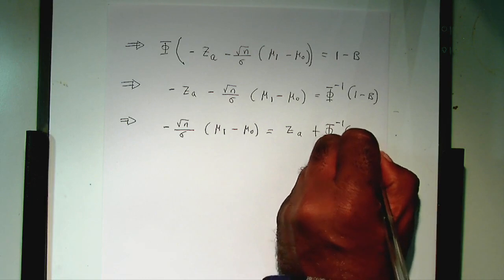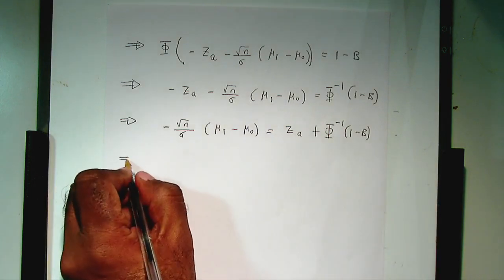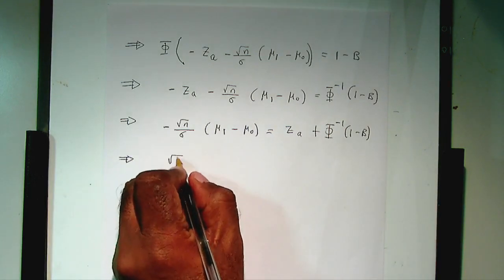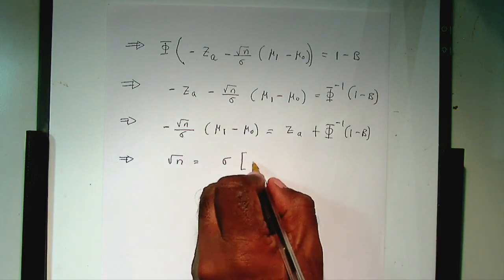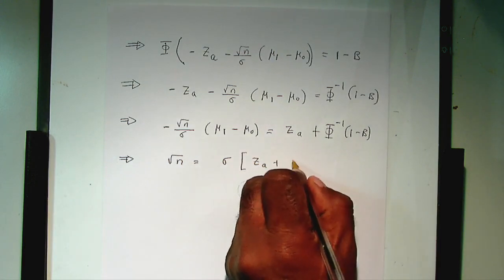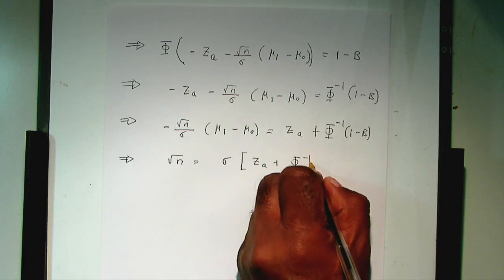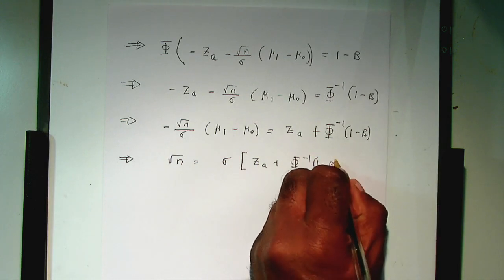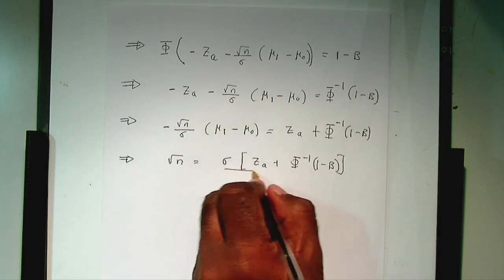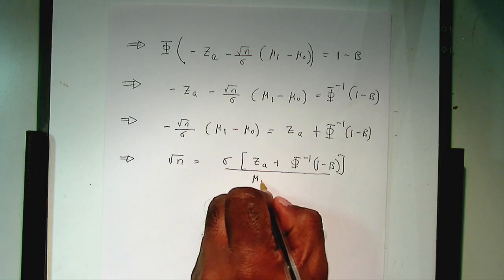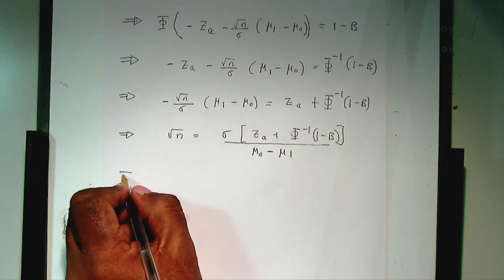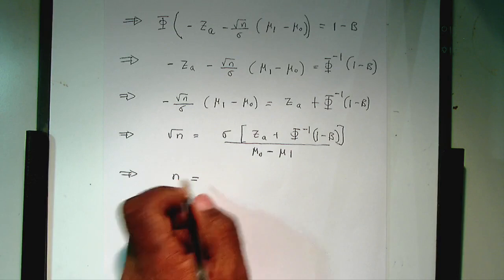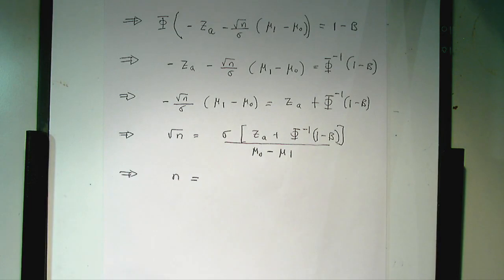this is just standard stuff, guys. So the root of n is equal to sigma, and finally, taking the square both sides, you get n equal to, check whether I'm getting the right answer, yes.